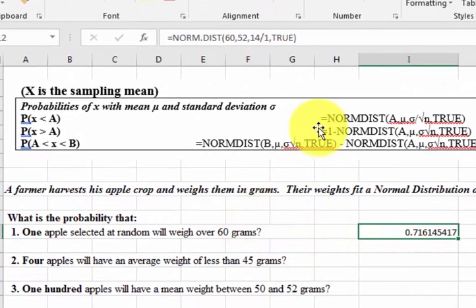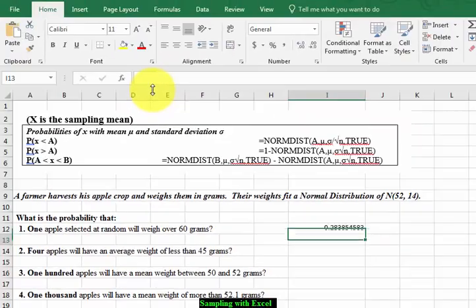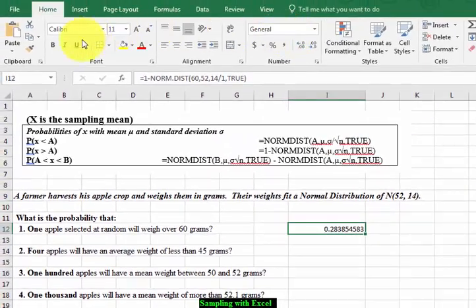So there's the probability that it'll be under. Remember, if we don't put a 1 minus up there, this is the probability of grabbing one apple under 60 grams. We want over, so we go up here and type in 1 minus that whole thing. There's the probability of that one. Let's make it big, pretty, and do away with a couple of the place values.